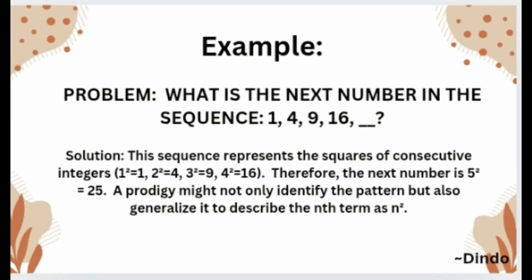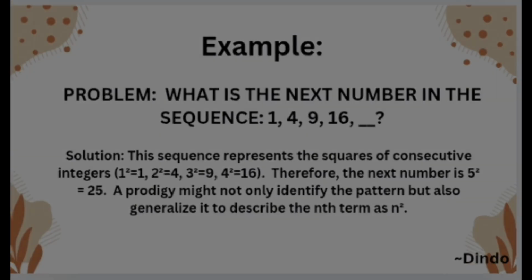Therefore, the next number is 5 squared, which is equal to 25. A prodigy might not only identify the pattern but also generalize it to describe the nth term as n squared. So this is the example, and that's all for my part. Thank you very much.